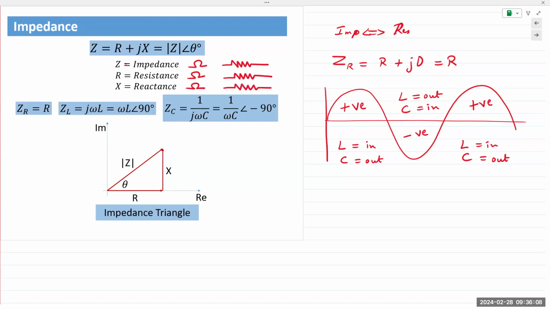They all use the same symbol that we used for resistors, the Greek letter omega, or ohms. So impedance is in ohms, reactance is in ohms, and resistance is also in ohms. Reactance is the opposition to the change of current that is initially being applied to that inductor or capacitor. So that's where reactance comes from.